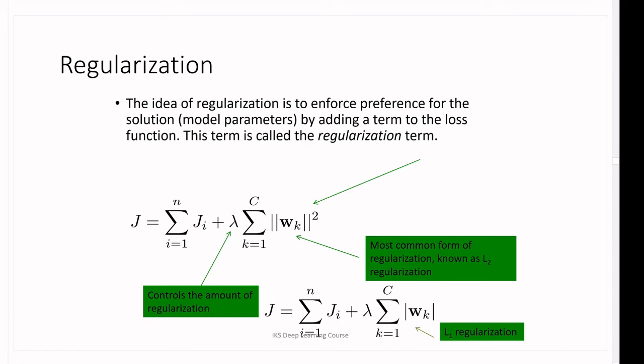And the expression for regularization looks like this. In this case, what we are saying is that we don't want model parameter values to grow very big, because what we are measuring here is the norm, or length, of the parameter vector.